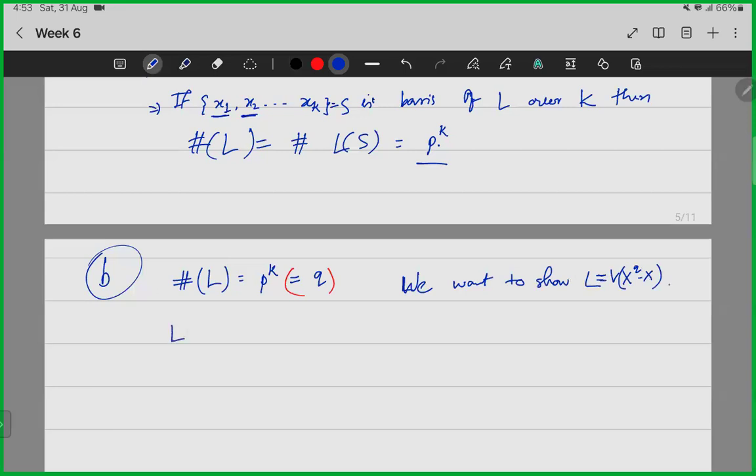So what about L star? It is proved in the class that L star is a cyclic group, a finite cyclic group.